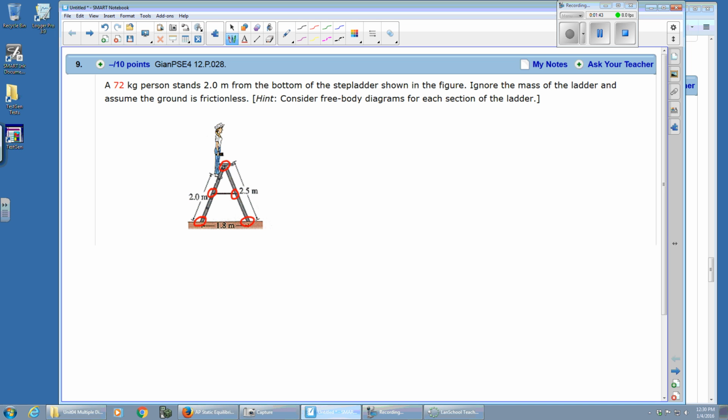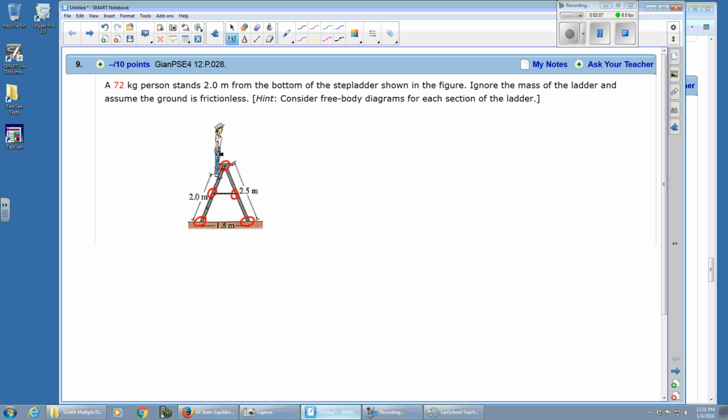Now, at the very bottom, what must we consider, since it's frictionless, at those 2 contact points with the ground? The only force can be a vertical normal force.